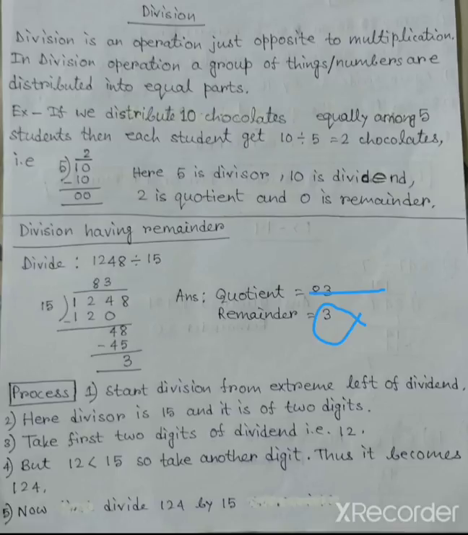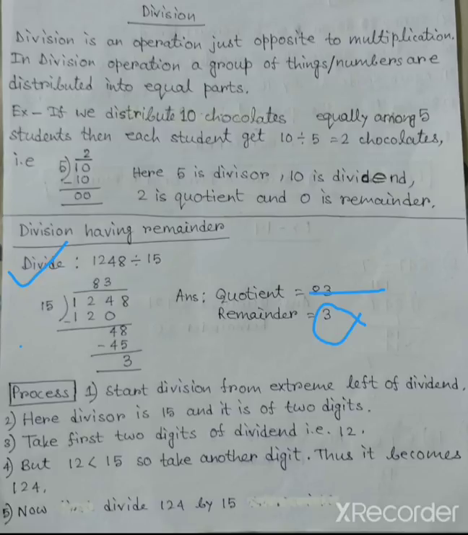Now, I will explain the process of this division. First step, start division from the extreme left of the dividend. So, here the dividend is 1248.